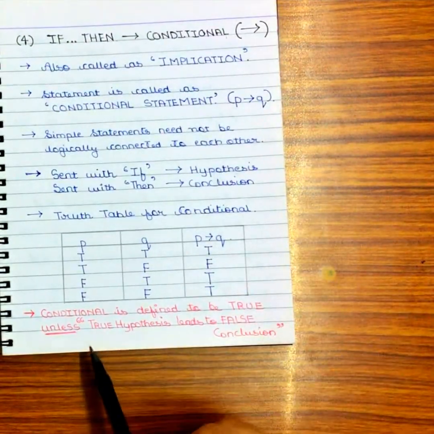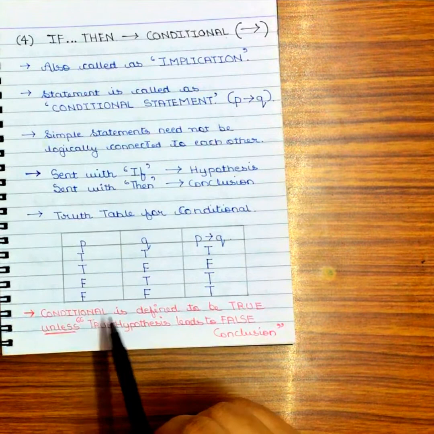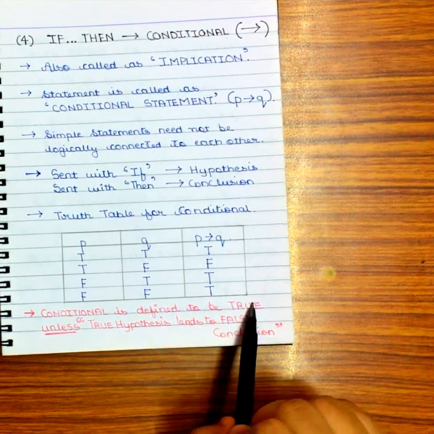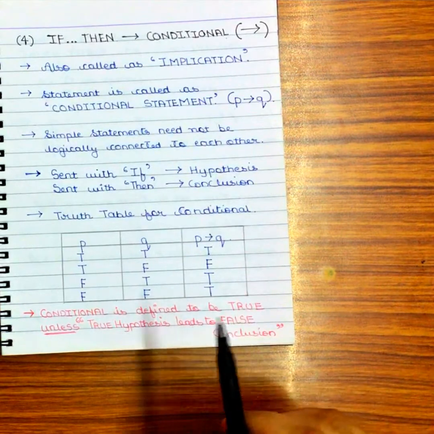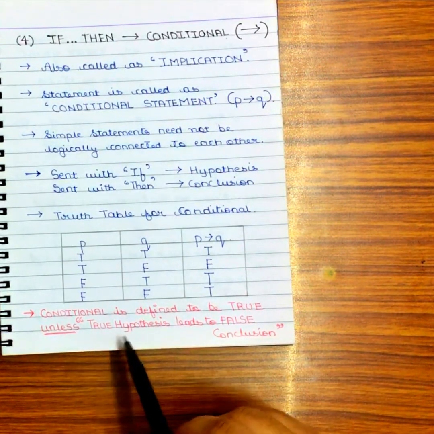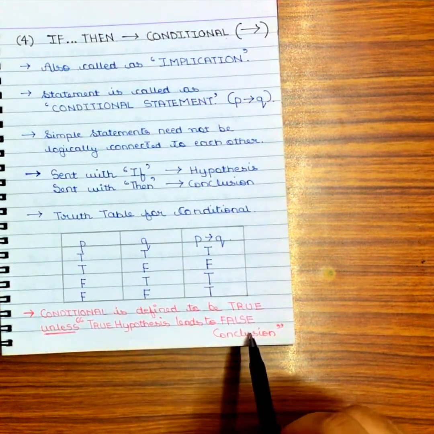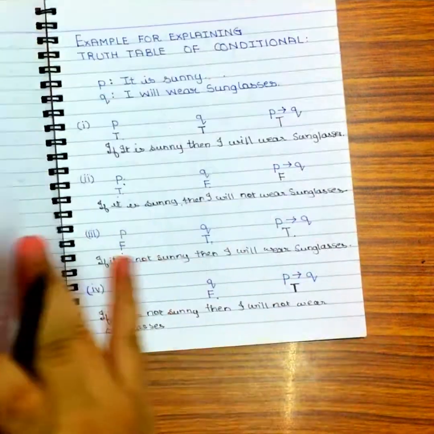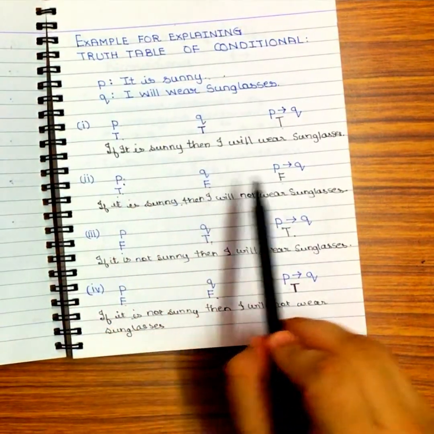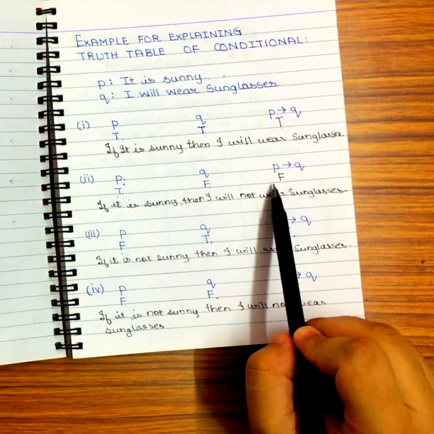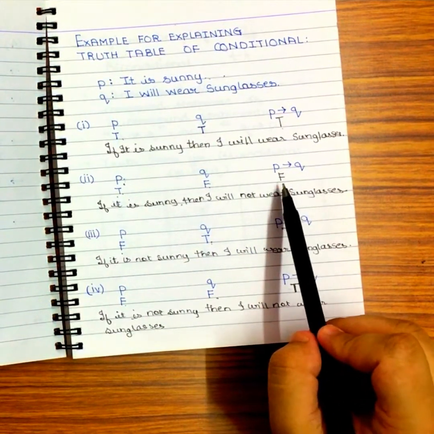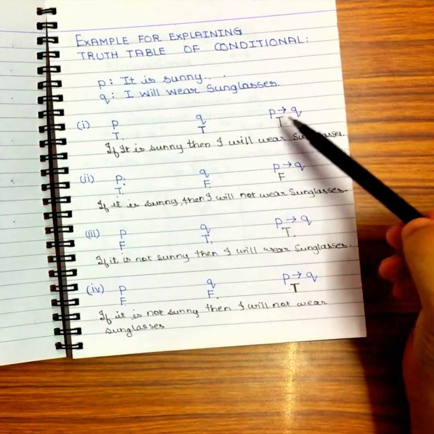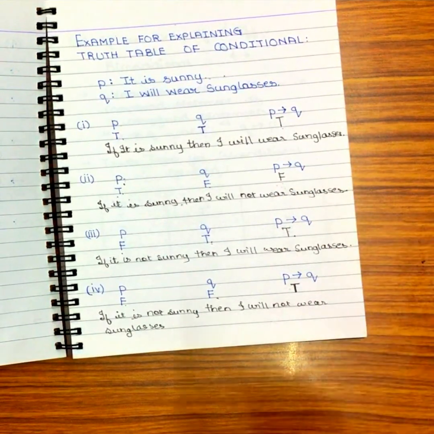What have I written? Conditional is defined to be true, it is always true unless a true hypothesis leads to a false conclusion. This is the only case wherein you will get false, otherwise you will receive true, true and true.